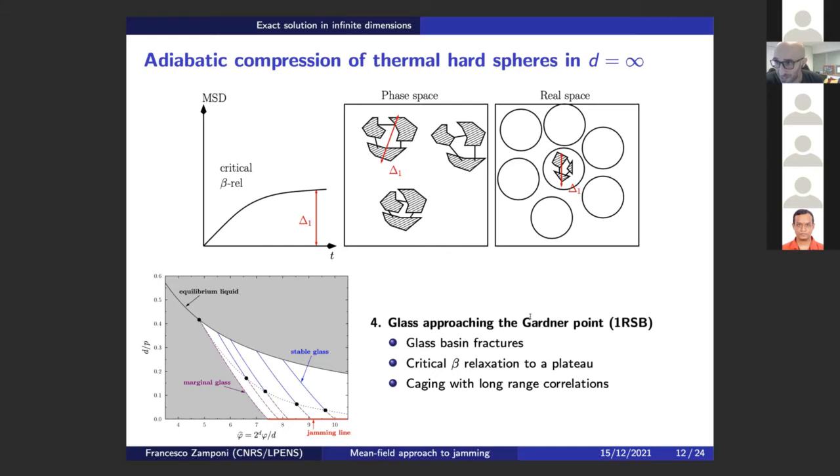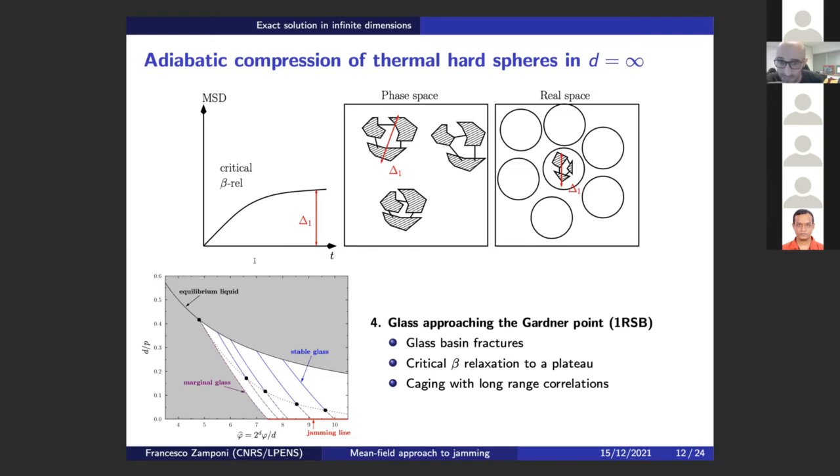What happens at the Gardner point is that you have another phase transition, which is basically a spin glass transition inside the glass basin. So you are inside one of these regions, and now your region is breaking into many sub-regions, which is exactly what happens in the Sherrington-Kirkpatrick model, where the high temperature regime is the paramagnetic phase and the low temperature is the spin glass phase. This is exactly the same kind of transition, but restricted to one glass.